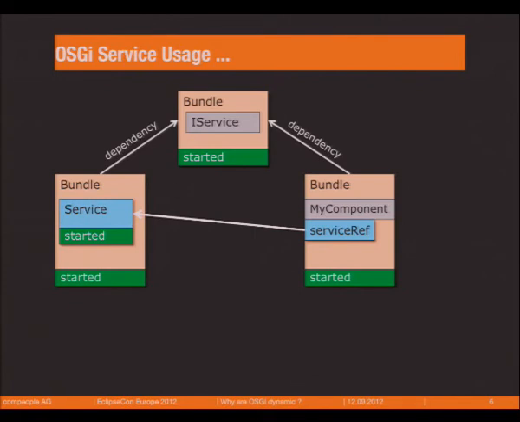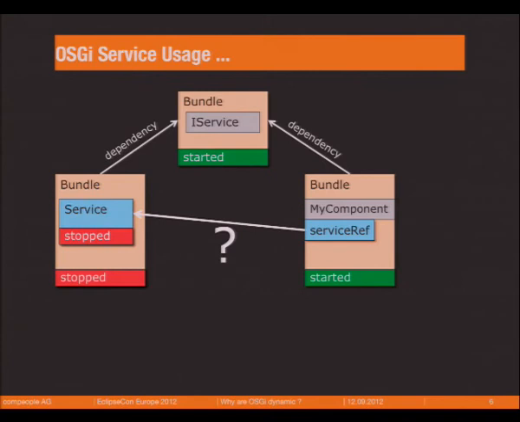They don't know directly which service is implementing this, but through the OSGi service registry, they get a reference to this service. If you stop the bundle, what happens to the service reference? The service reference is a Java reference. What happens is you still have it, but the bundle is stopped.